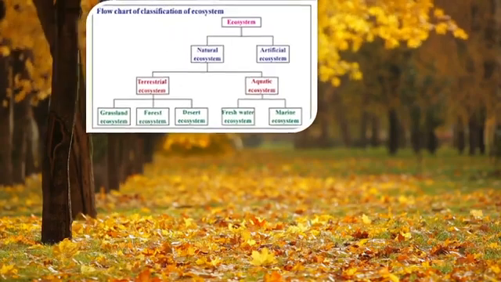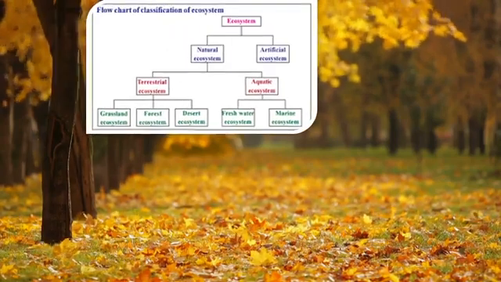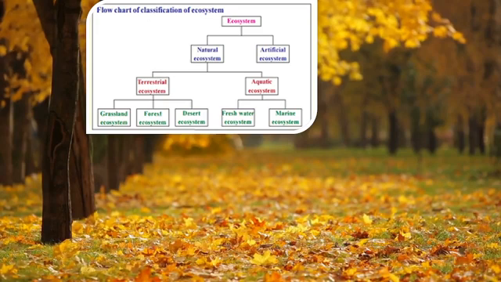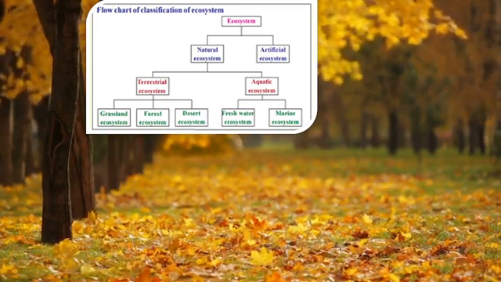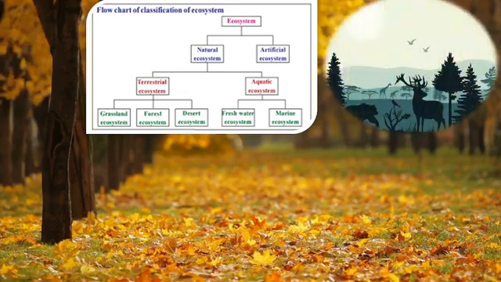The ecology consists of the ecosystem. The ecosystem is a basic functional unit of ecology. Ecosystem can be classified into natural and artificial ecosystem. The natural ecosystem can be classified into terrestrial ecosystem and aquatic ecosystem.